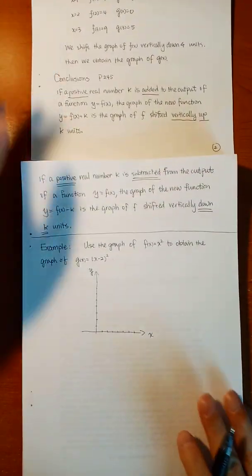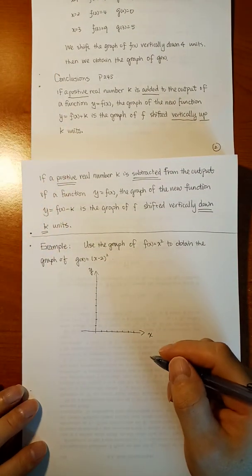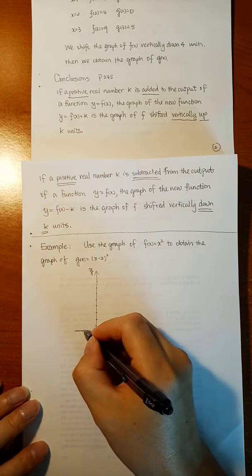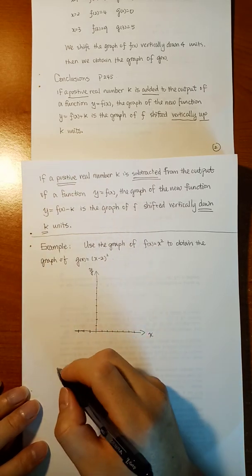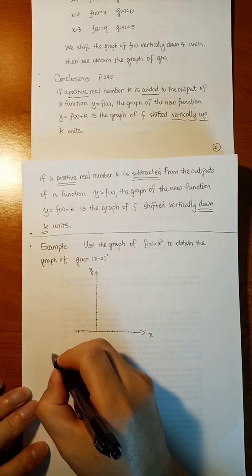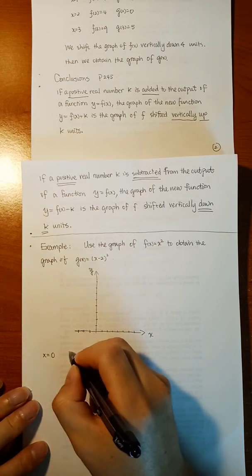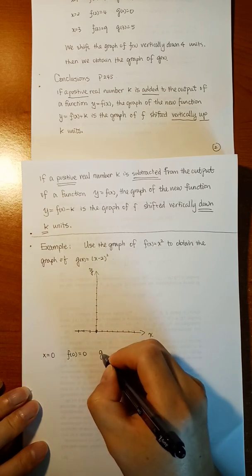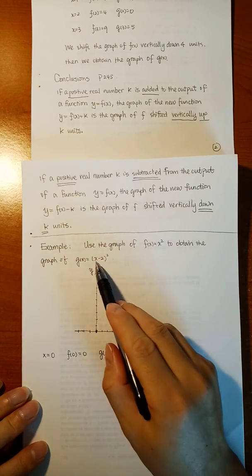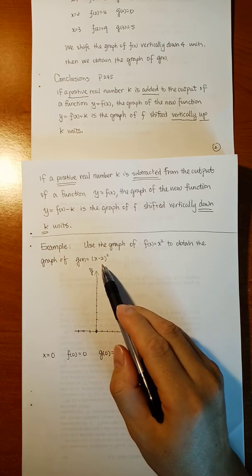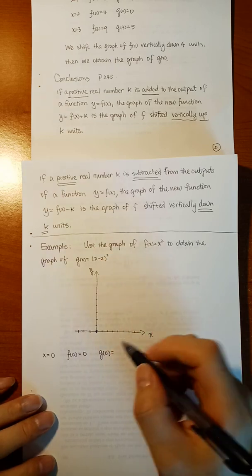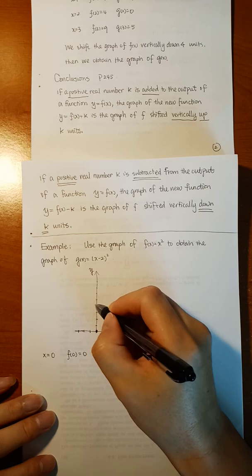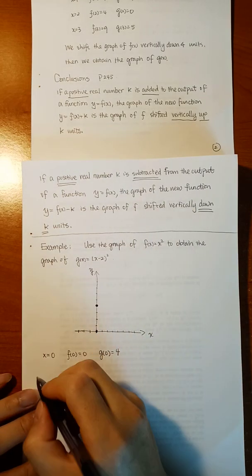Okay, let's just do the plotting. When x is 0, f of 0 is 0, this point. G of 0, well, x is 0, 0 minus 2 is negative 2. Negative 2 squared is 4. G of 0 is 4. 1, 2, 3, 4 here. This is a point.